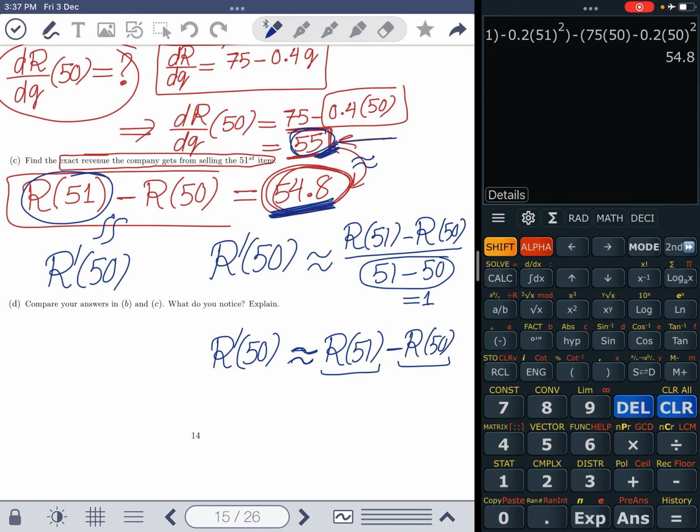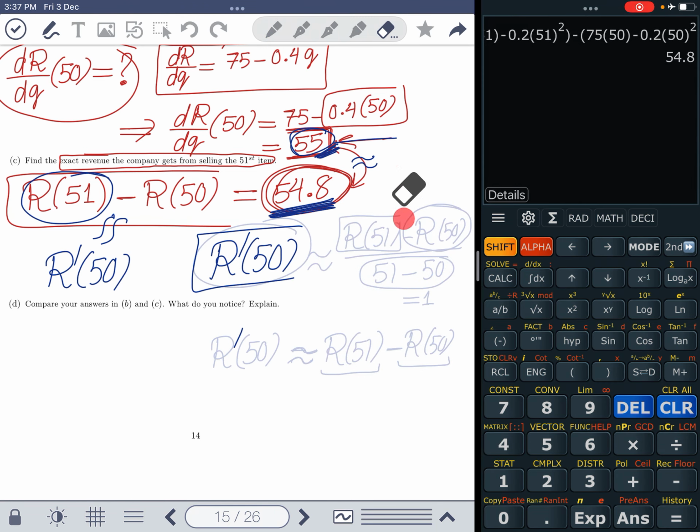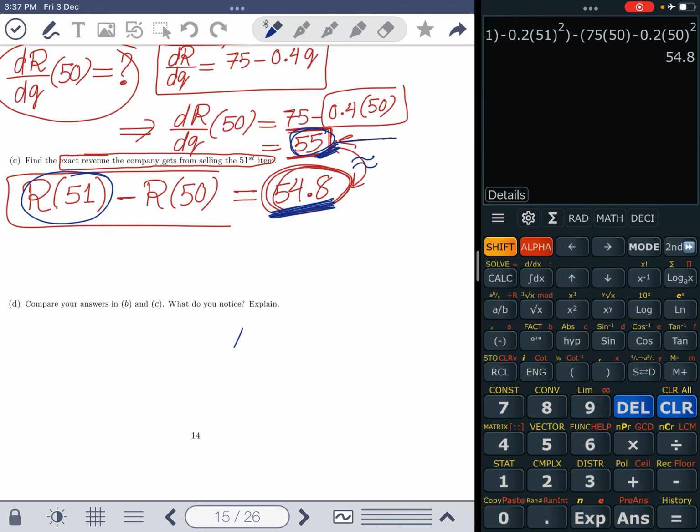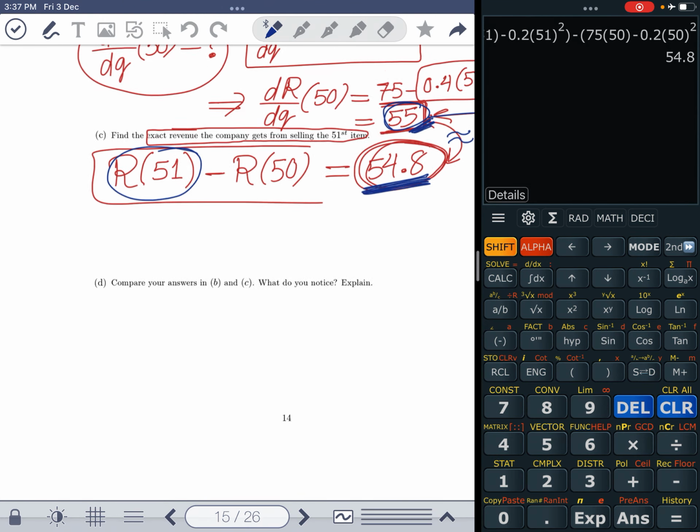You can get it by knowing R prime of 50 and R of 50. They will give you information about R of 51. Otherwise, you can see that they are very close to each other. It will always be the case, because that's exactly what the derivative helps us do.